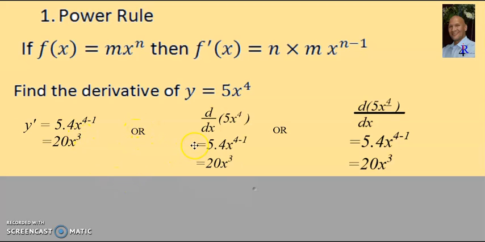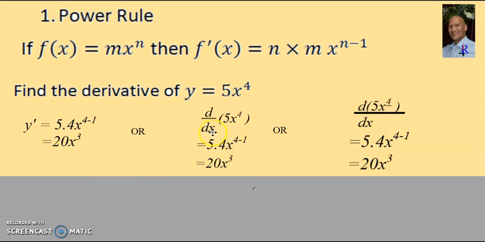Or I can say dy over dx, where my function of y is 5x to the power of 4.